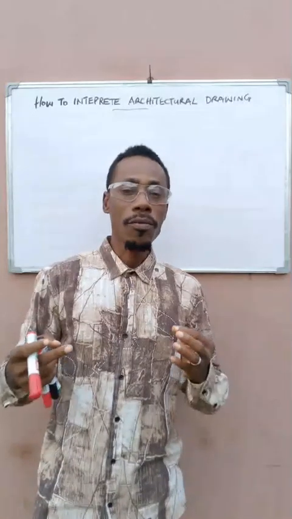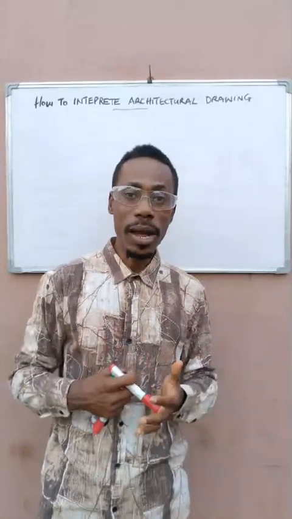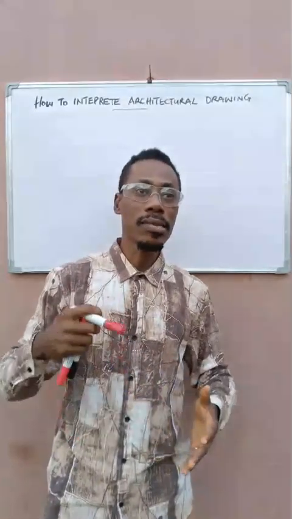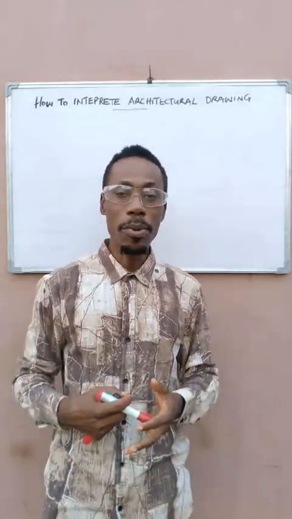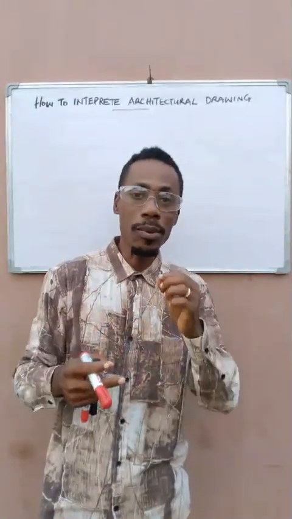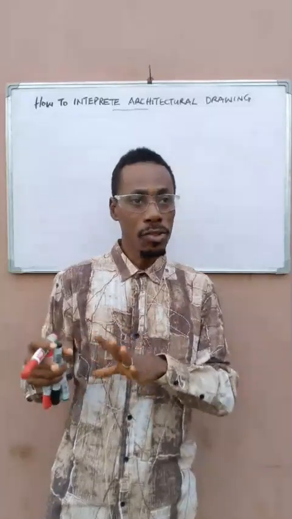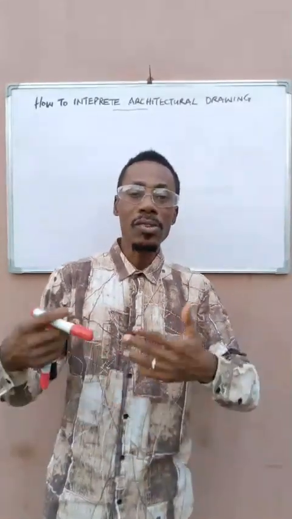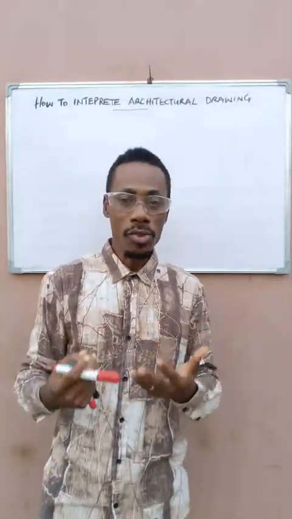For you to have a comprehensive building plan, it must consist of the architectural drawings, the structural drawings, the electrical drawings, the plumbing or mechanical drawings, as the case may be. So all of this is what constitutes the building plan. But our emphasis is on the architectural drawing. So in the previous class, I enumerated some of the parts that make up the architectural drawing.